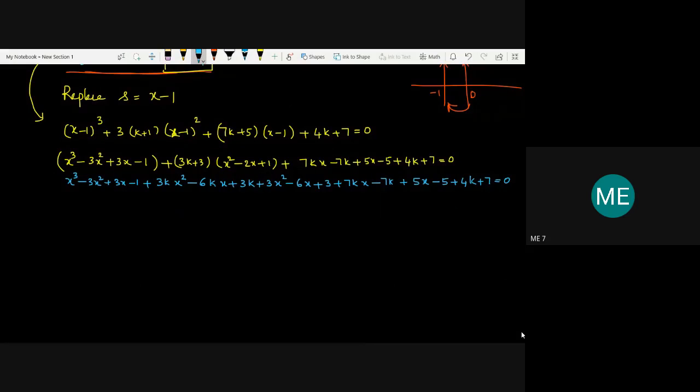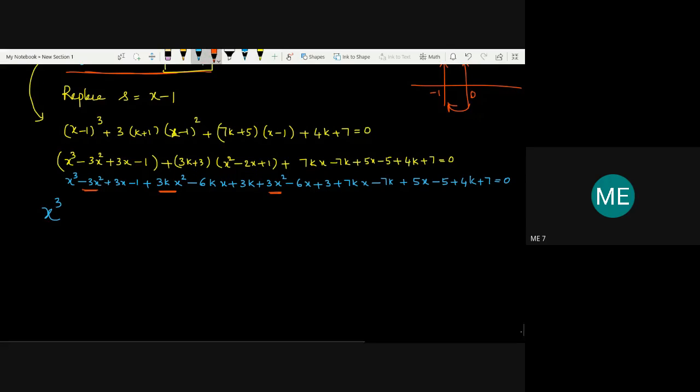So if you look at, I have only x cube term, right? Next, if I look at the x square term, I have here, and then I have here, and then I have here. Yes, there are three terms, that is we have minus 3x square plus 3kx square plus 3x square.